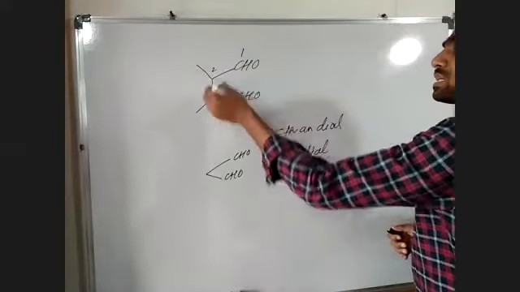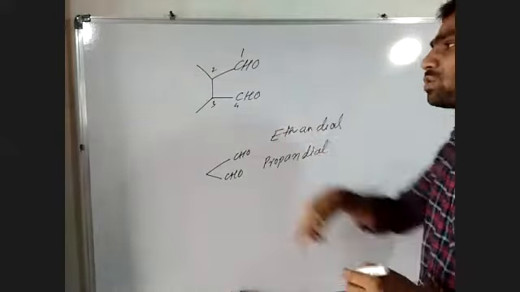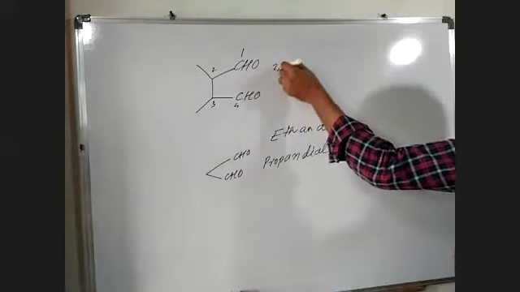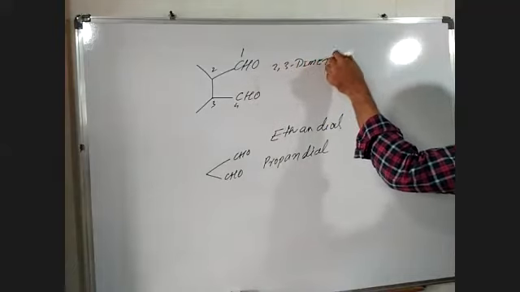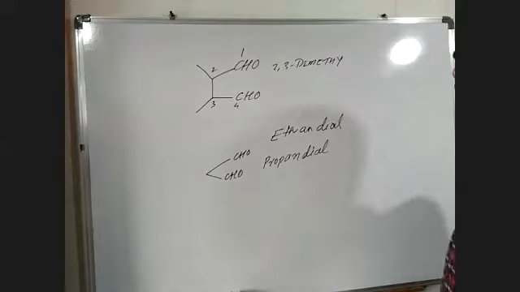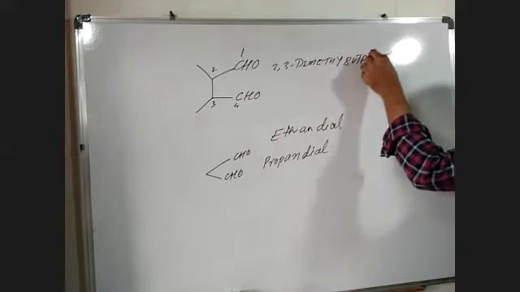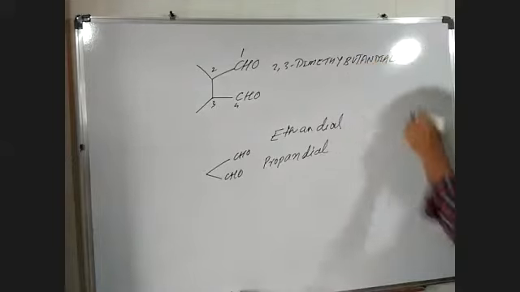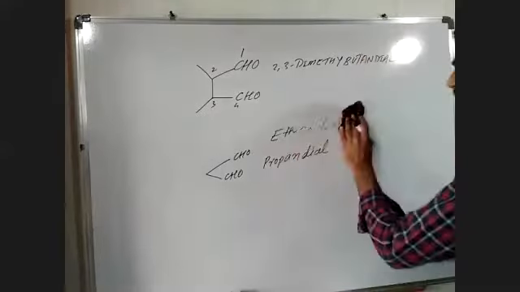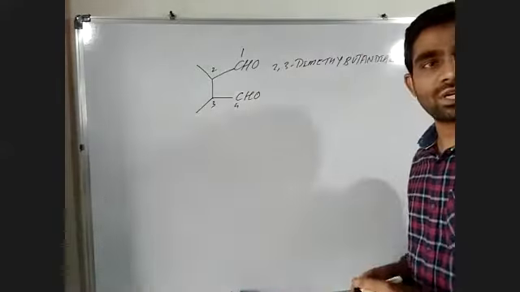Number the chain, and we have two methyls at 2,3, so we can write 2,3-dimethyl butane dial. Yes, 2,3-dimethyl butane dial.